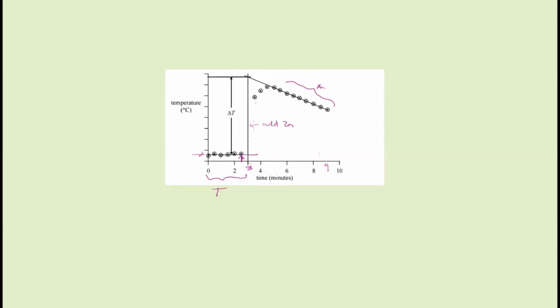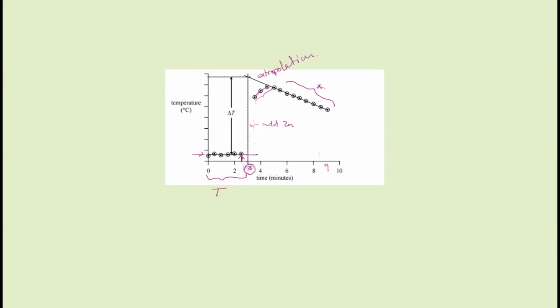But what we do is we extrapolate, so we don't curve around this point. We don't want to curve, we just want to continue that straight line backwards, and that's called an extrapolation. We continue it going back, and it needs to go past the 3rd minute point.